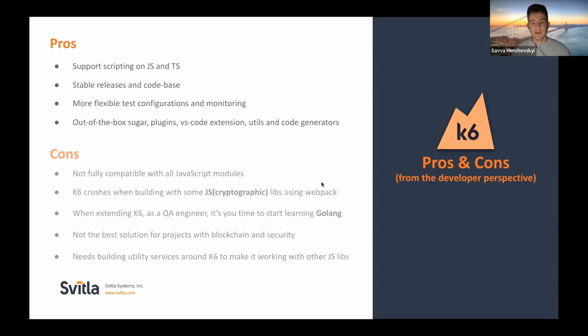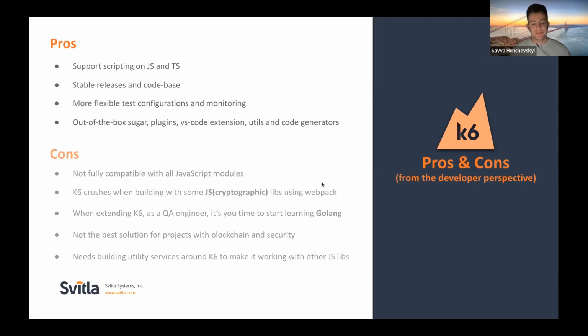As a workaround for this problem, which I'm trying in my project now, you could build utility services around K6, like mock services, which would do all the things that K6 could not do: the generation of keys, generating, encrypting and decrypting values, and working with all these security and crypto libraries. All this logic could be removed from the K6 solution and delegated to another custom web service that could be written by the QA engineers.